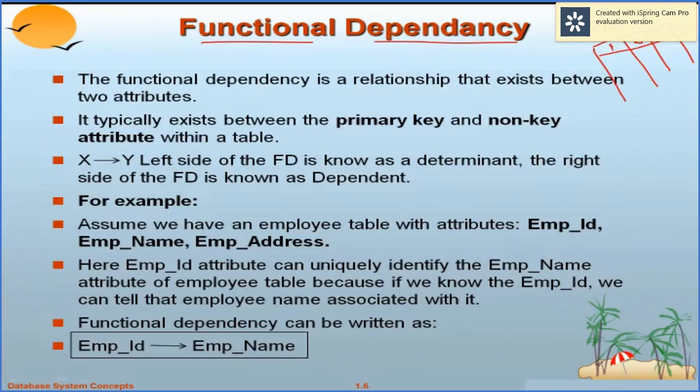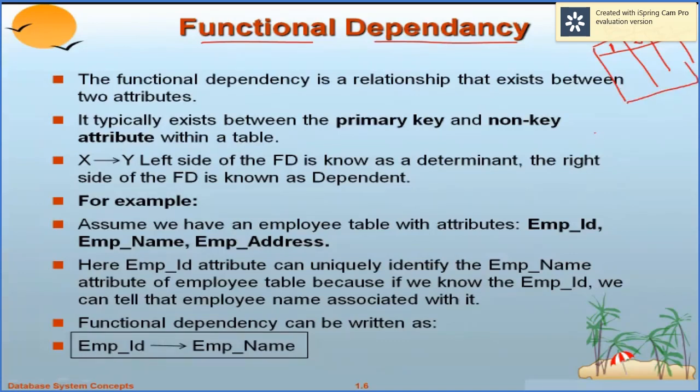So if there are any dependency conditions existing between the attributes 1, 2 and 3, that is called functional dependencies. This functional dependency has its own role in the database design. Let's see what is the role of the functional dependency. Okay. But before that, how to represent the functional dependency is my question.